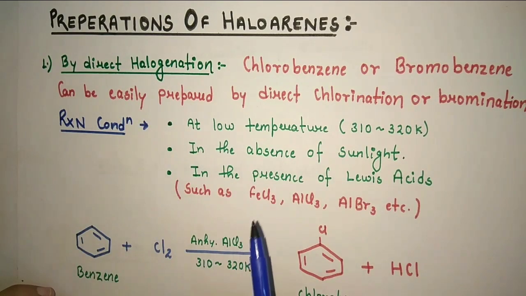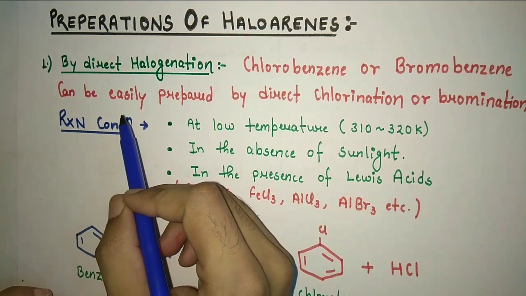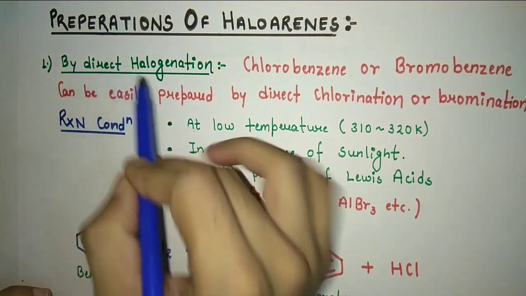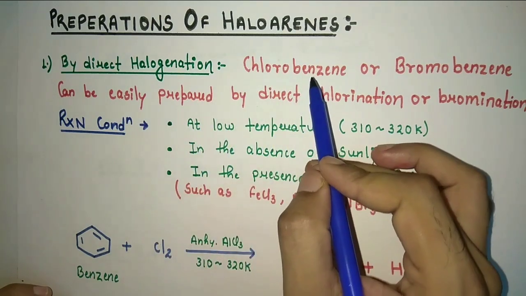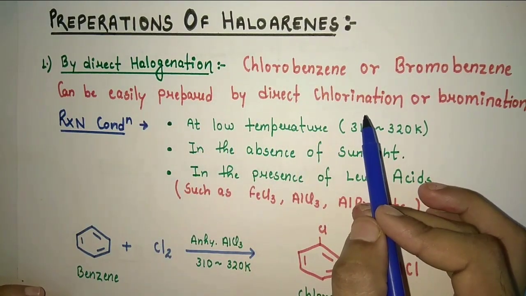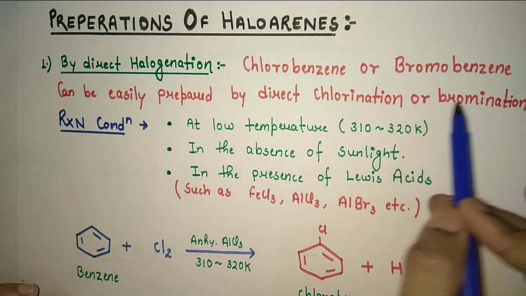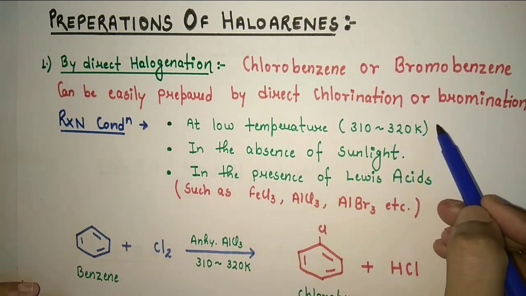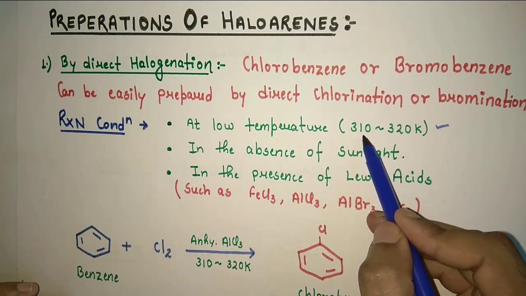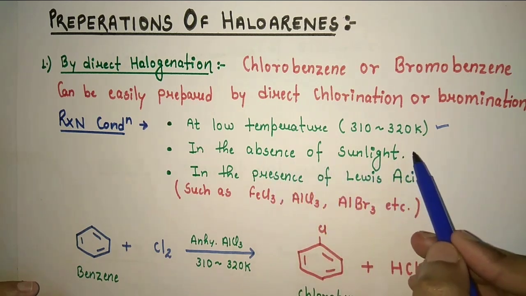Now we will discuss the preparation of haloarenes. The first method is direct halogenation. Chlorobenzene or bromobenzene can be easily prepared by direct chlorination or bromination. The reaction is usually carried out at a lower temperature, about 310 to 320 Kelvin, in the absence of sunlight.